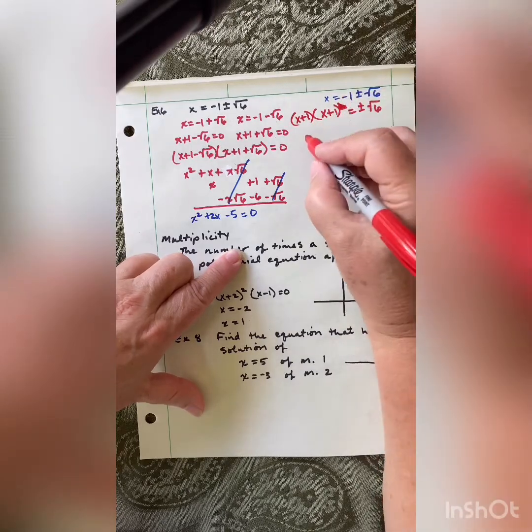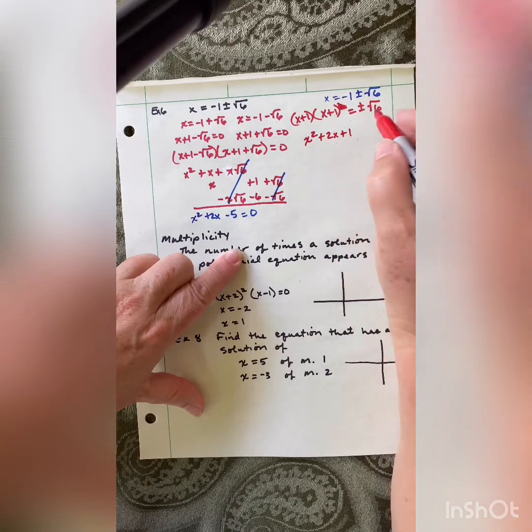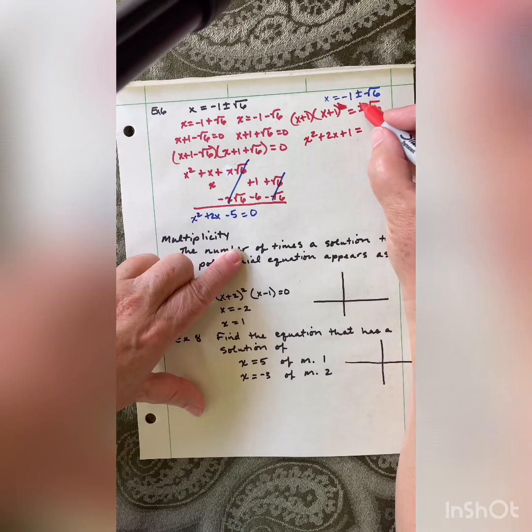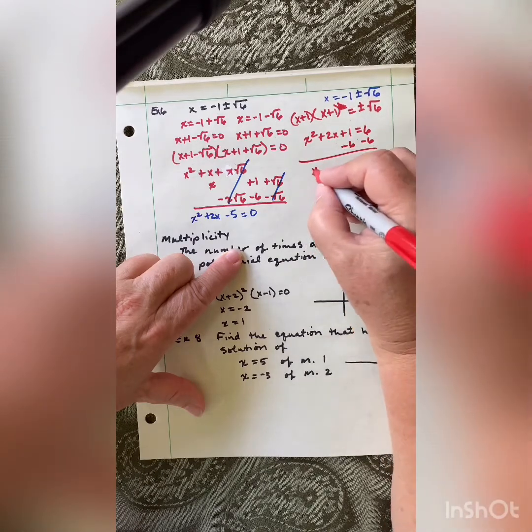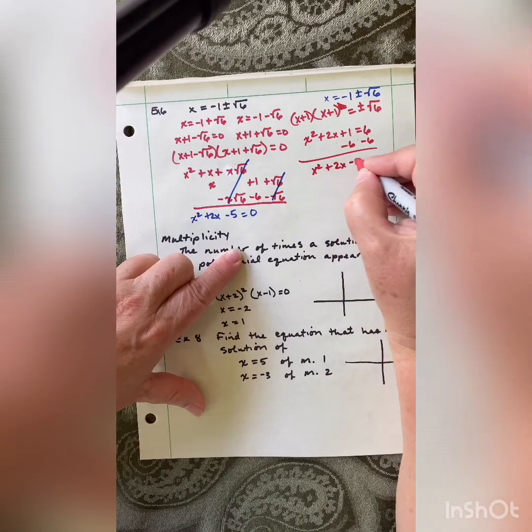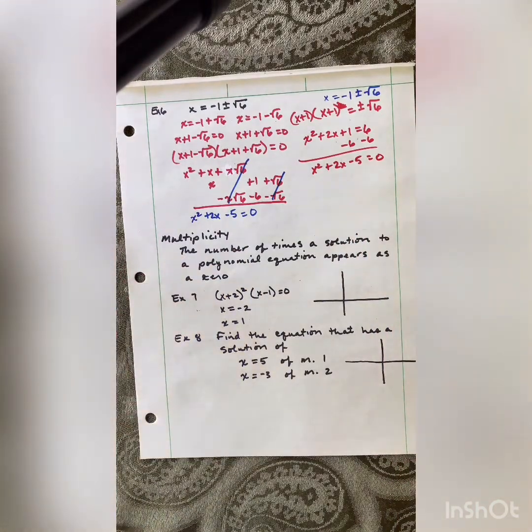And when you FOIL it out, you're going to get x squared plus 2x plus 1 equaling, square it, it's positive, square it, positive, square it, 6. Move this to the other side, so subtract 6 on both sides. X squared plus 2x minus 5 equals 0. Okay, so we got the same thing.